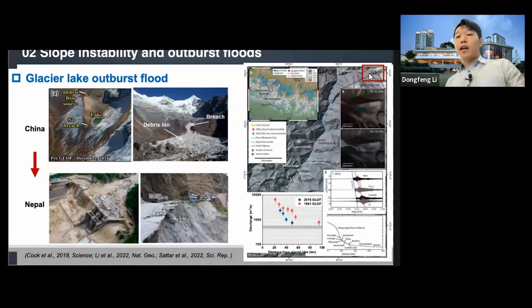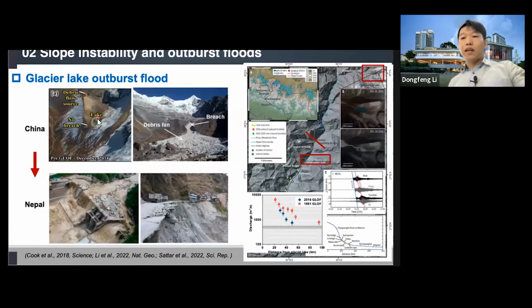Here it is the Tibet of China, and there is a small glacial lake here. You can see more clearly from this image. Here is the boundary between China and Nepal, and here is the destroyed hydropower project. During a heavy rainfall event, there was a debris flow from upstream of the glacial lake.